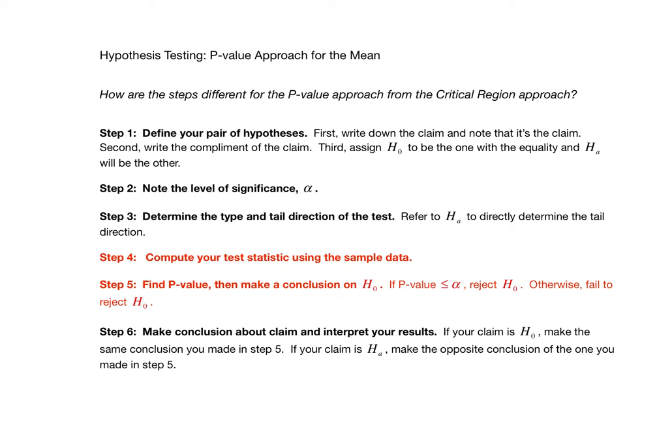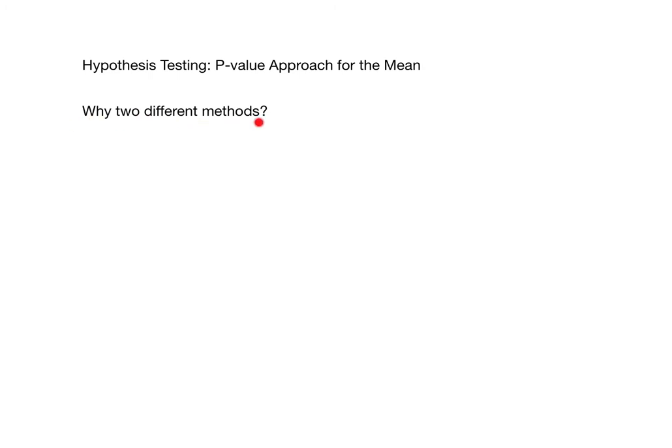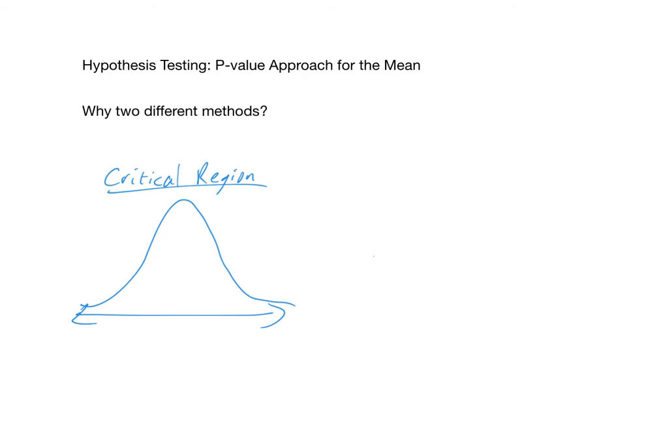Now that we also see a difference in the 6-step process, why do we even have multiple methods? There are multiple ways to answer this question, but for me personally, the power of the critical region approach is that you can really see exactly what's going on. So you've got your curve, whether it be a standard normal curve or a t-distribution.